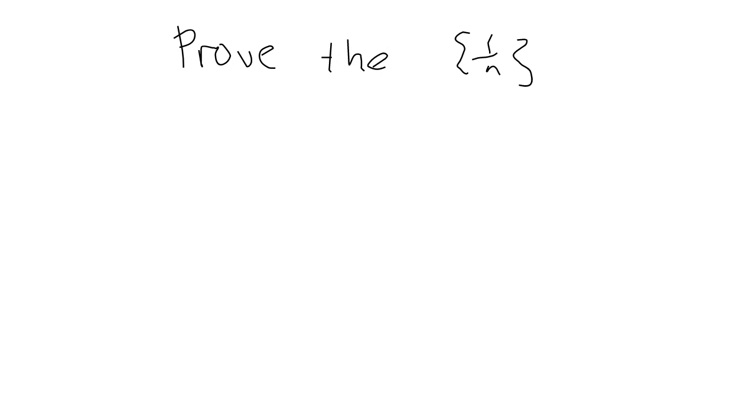Prove it is convergent and the limit as n tends to infinity of the sequence is equal to 0. So it's going towards 0. That's what I want to prove.